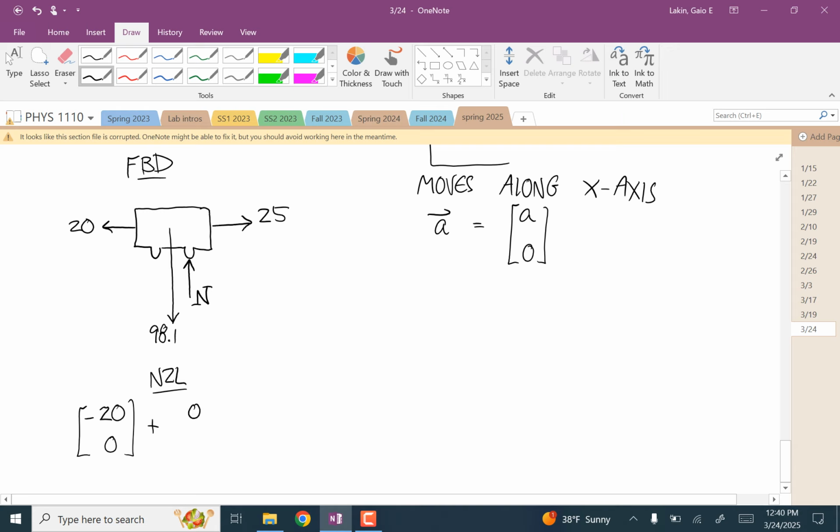So that's 0, negative 98.1. The force N is in the positive y direction, so that's 0, N. The 25 is in the positive x direction, so that's positive 25, 0.